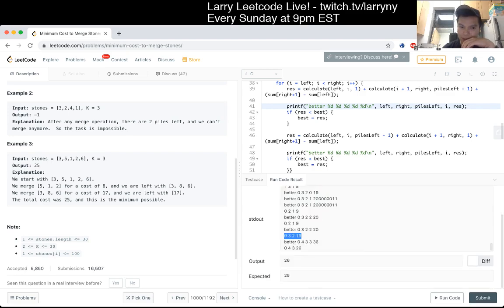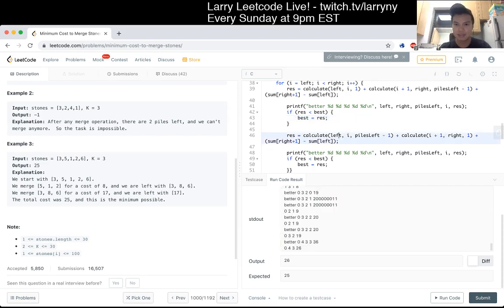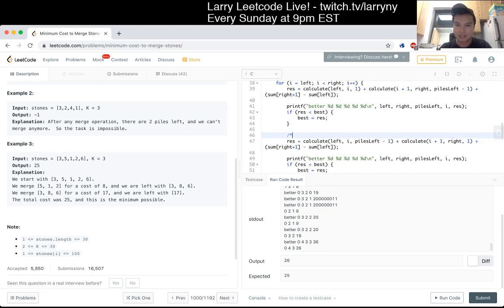So 3 with 2 piles, 19. What am I doing wrong? So this with 2 piles at 19, which I think is right. That doesn't make sense. Did I have this sealed with 219 before? Not sure if I need this.